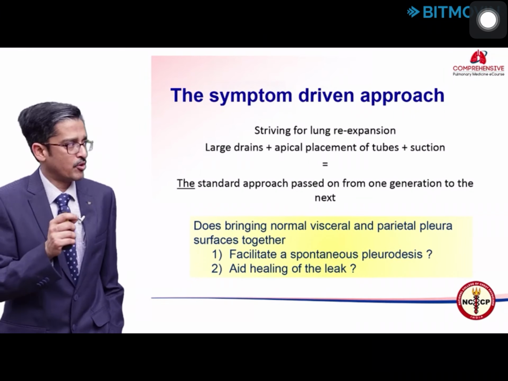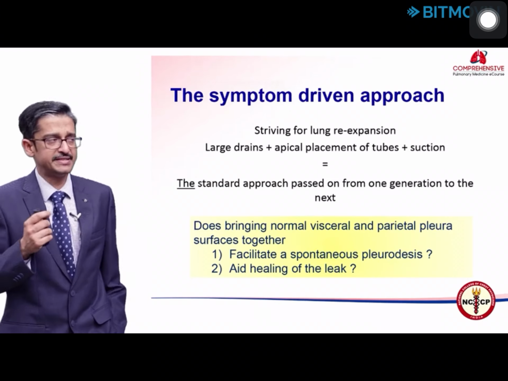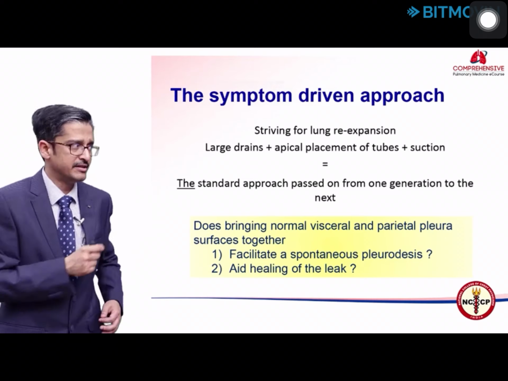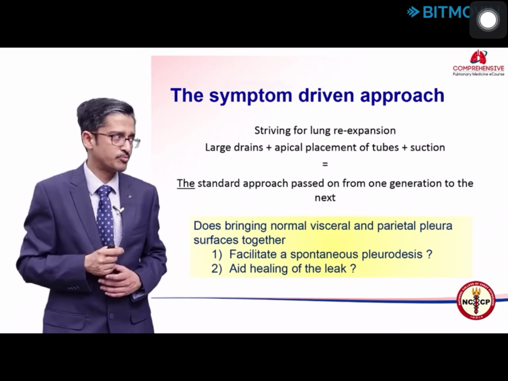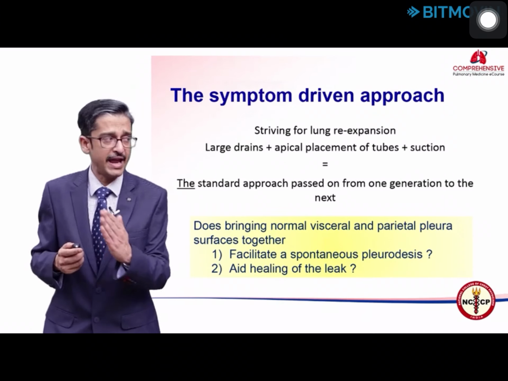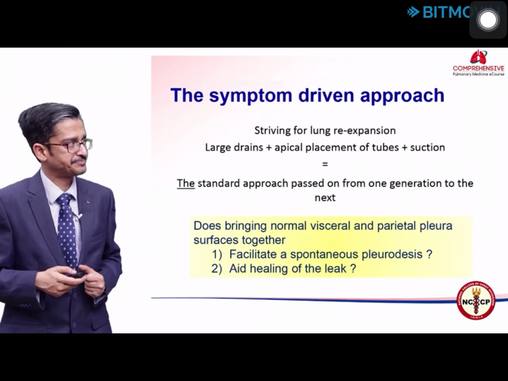It brings up two important points. The first question to answer, which seems common sense driven, is does bringing the visceral and the parietal pleura together facilitate spontaneous pleurodesis? And if it does, does that actually end up resulting in healing of air leak in these patients?